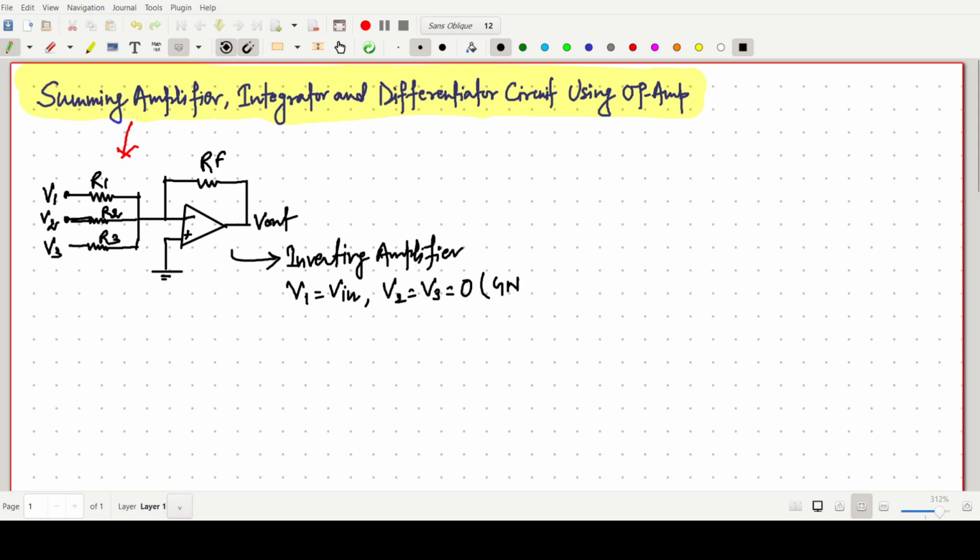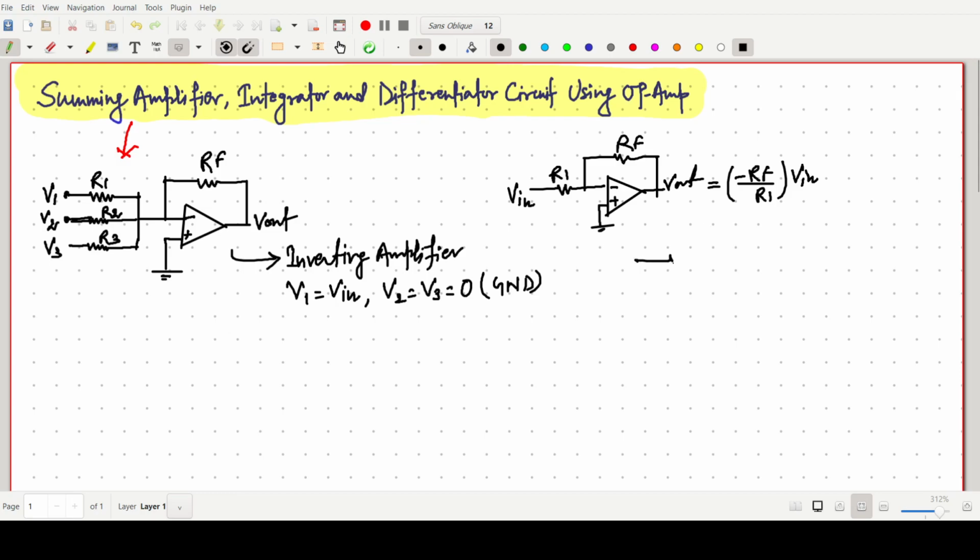If we do this thing, it somehow looks like this: minus, plus, then inverting in, and this one is only one resistance, say r1, keeping this one rf and v out, and this one is v in. So if we solve, what we get, v out equals minus rf by r1 into v in.